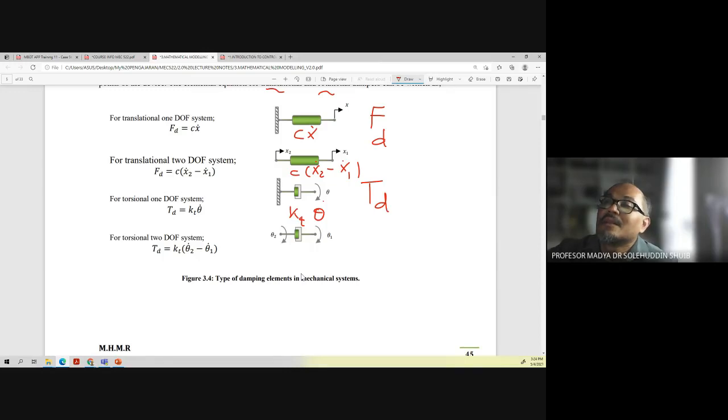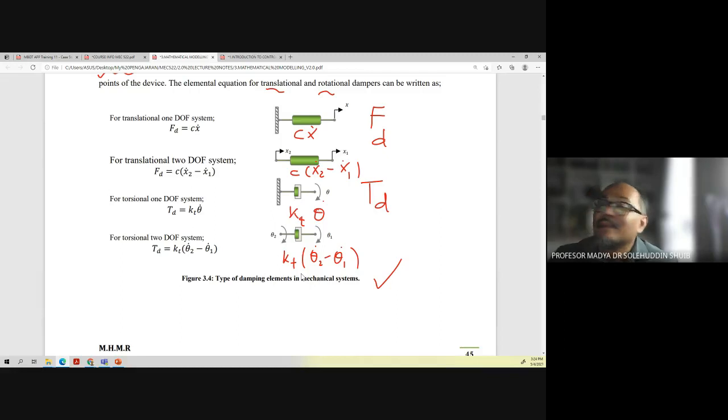Then for this one you will have theta dot 2 minus theta dot 1. So this is what we call a typical type of damping element in a mechanical system.